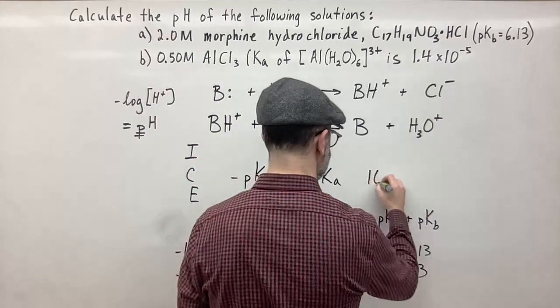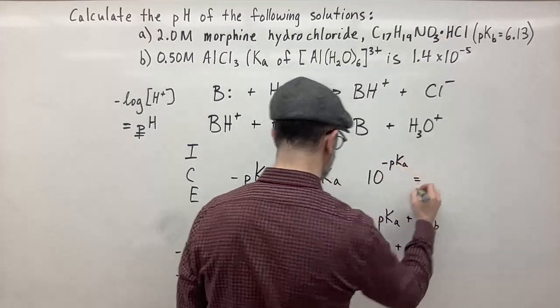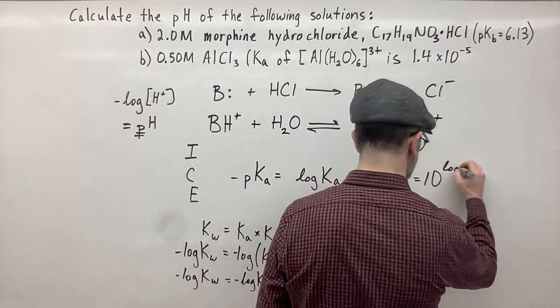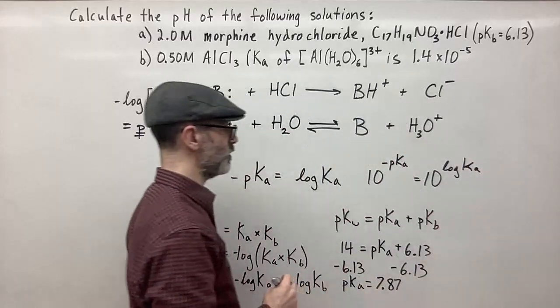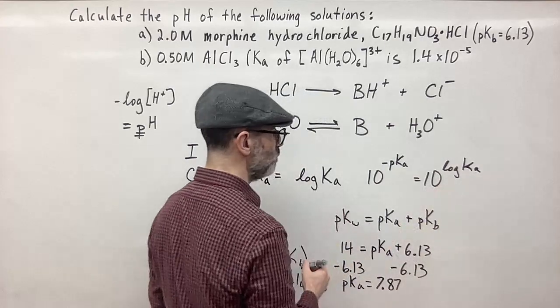So then I'm going to have 10 to the negative pKa equal to 10 to the log of Ka. And so the log and the 10 are going to cancel out, right?